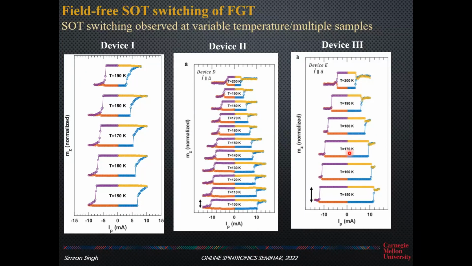It looks like in all 3 devices you apply the same direction electric field and change your magnetization to the same direction. You didn't see any variation? No, we never saw any variation.